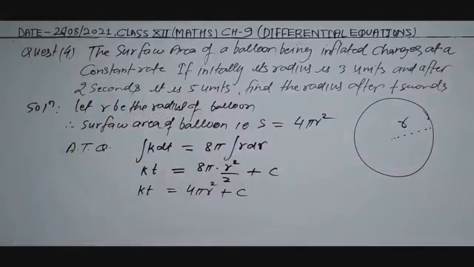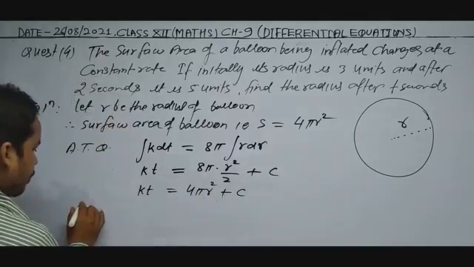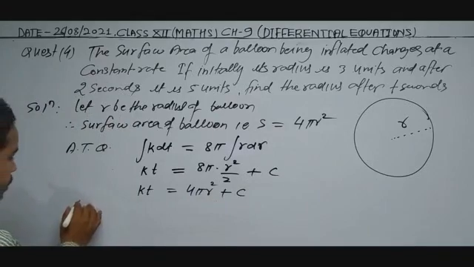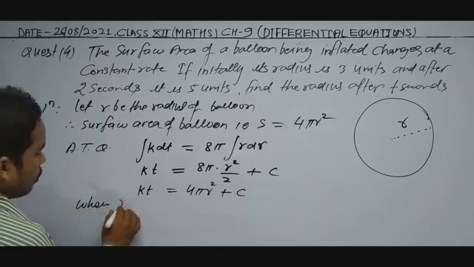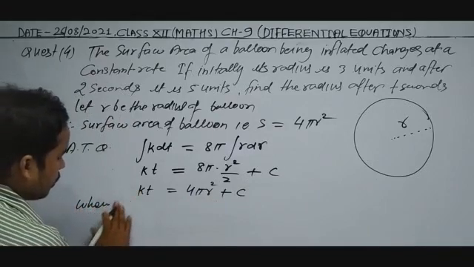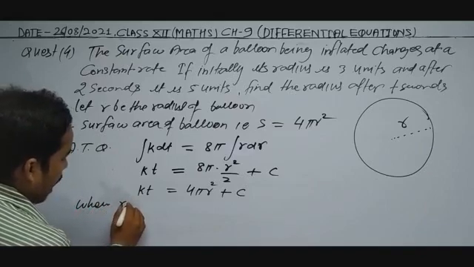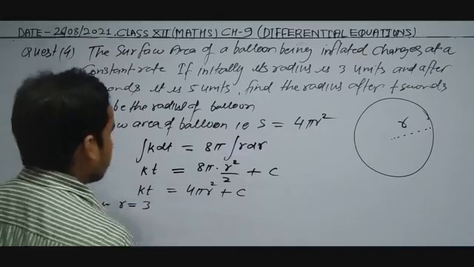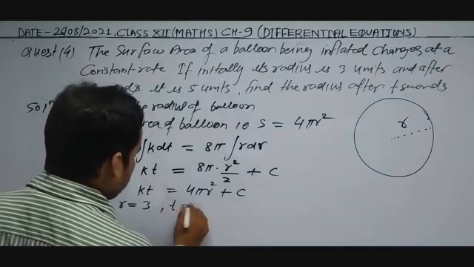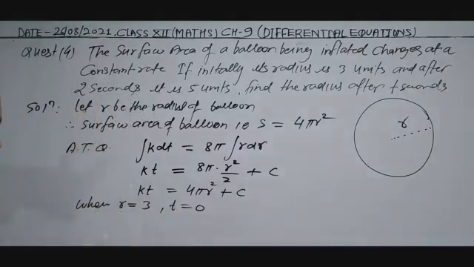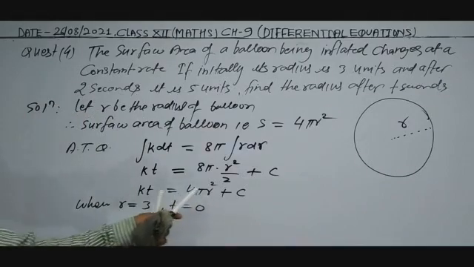And this is the relation between k, t, r and c. It is given that when r is equal to 3, then t is equal to 0. So put t equal to 0 and r equal to 3. So 3 square is 9, 9 times 4 is 36.